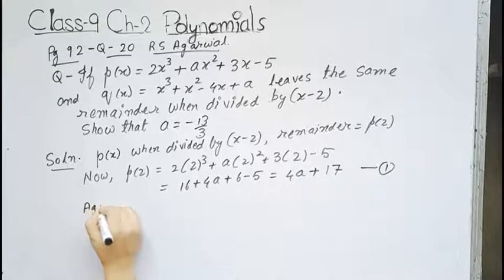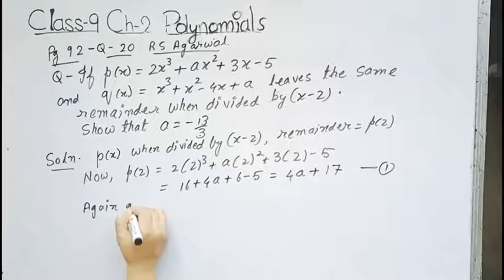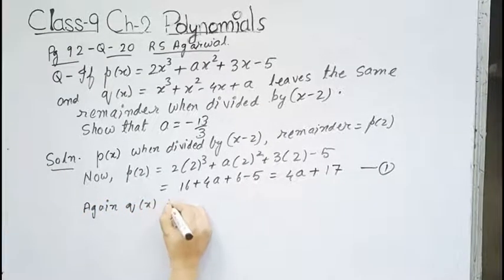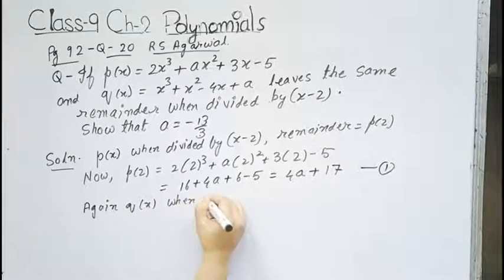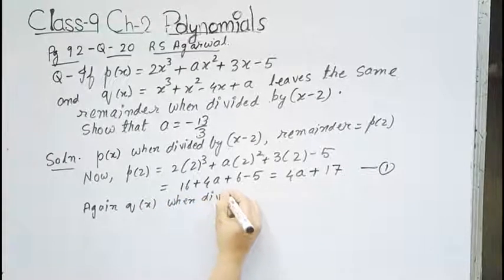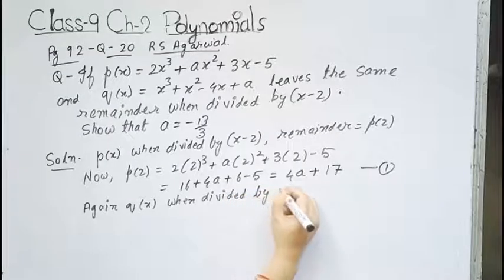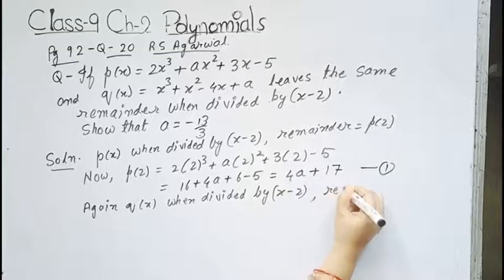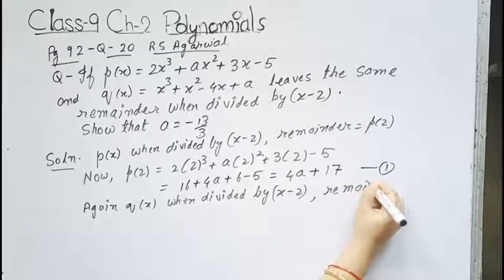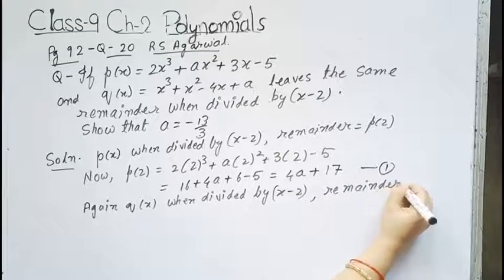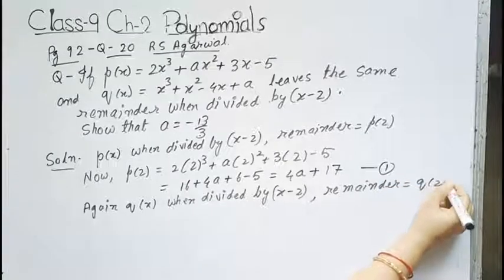Again, q(x) when divided by x minus 2, remainder equals q(2).